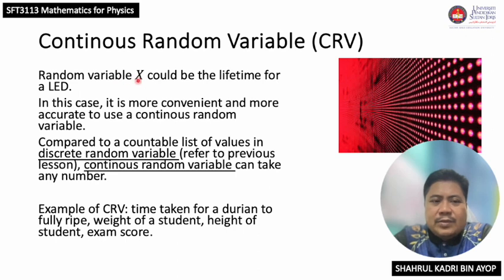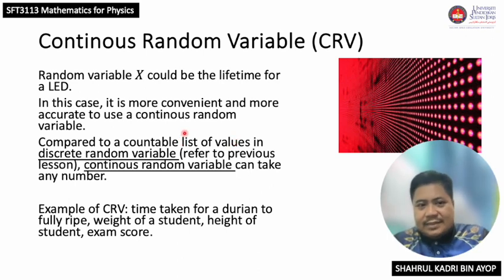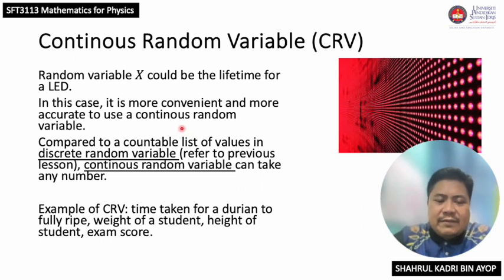But if we want to represent the lifetime of an LED, for example, how long each LED in this LED television can sustain, it is more convenient and more accurate to use a continuous random variable instead of a discrete one as in the previous lesson. So we have a continuous random variable to represent such a quantity.